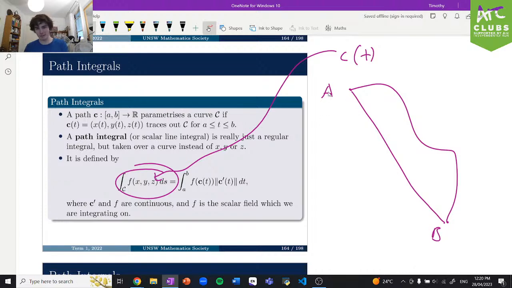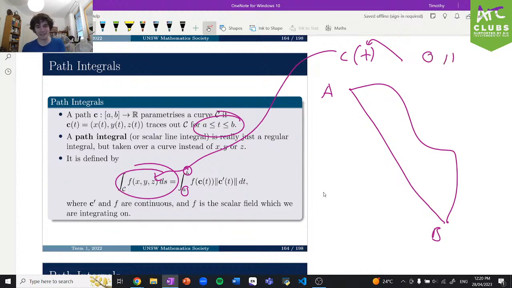Just to be very specific though, when I have a and b in this integral here, that's the start and end point of my t rather than the start and end point of my values. It's the values that I parameterized my curve for. Just like normally our parameterization is going to be a straight line going from a to b, our t is normally going from 0 to 1.